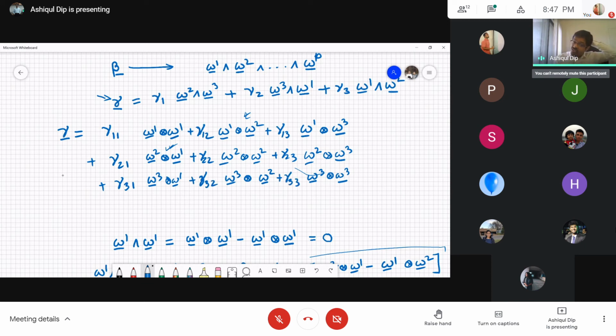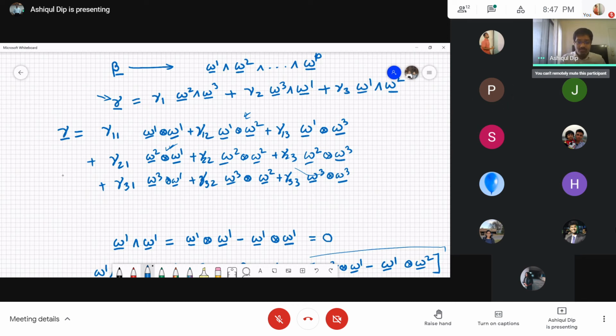A generic 0-2 tensor could be written like this. Is there any confusion about that? So we could just have some arbitrary components, right?